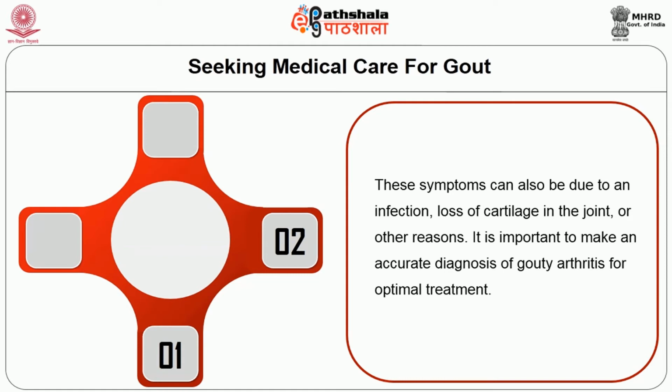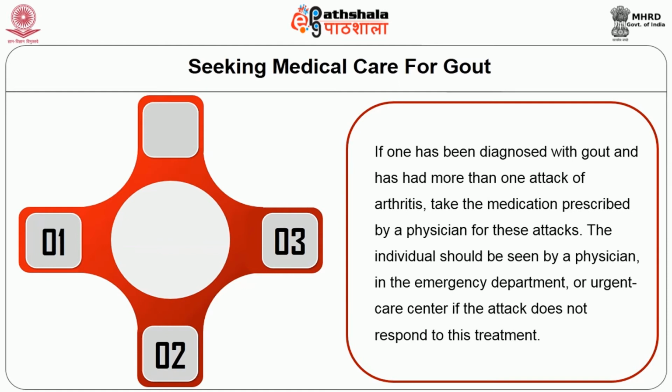If one has been diagnosed with gout and has had more than one attack of arthritis, take the medication prescribed by a physician for these attacks. Then the individual should be seen by a physician in the emergency department or urgent care center if the attack does not respond to this kind of treatment. The individual may need regular medications to prevent further arthritis flares.